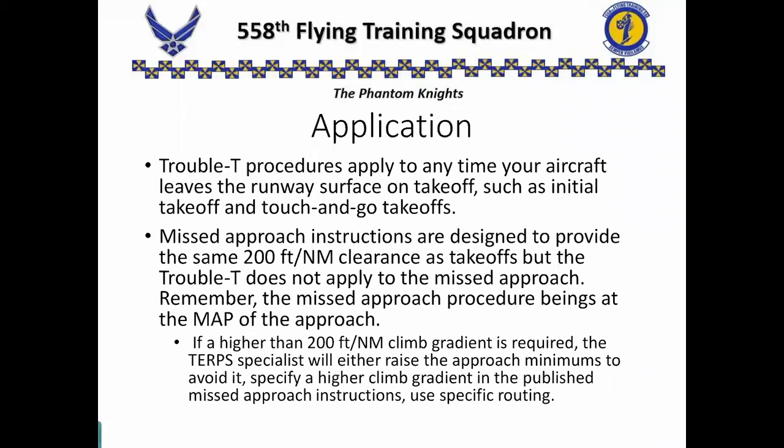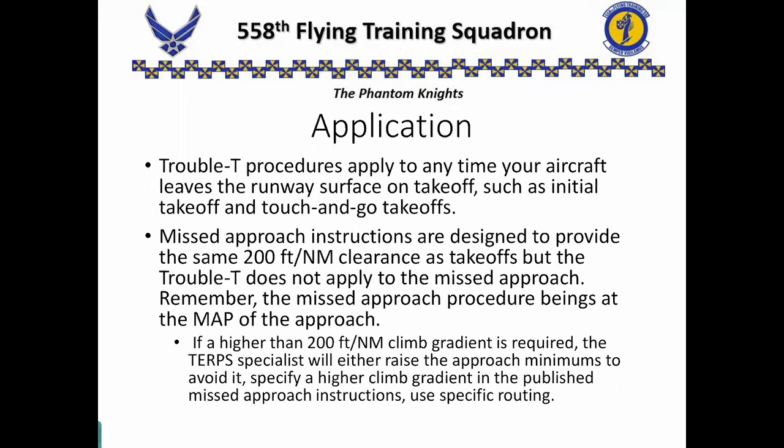If the TERP specialist decides that that obstacle is still a problem, he has a couple things he can do. Probably the first thing he's going to do is raise that decision altitude or that minimum descent altitude on the approach, so it starts from a higher altitude in the first place.